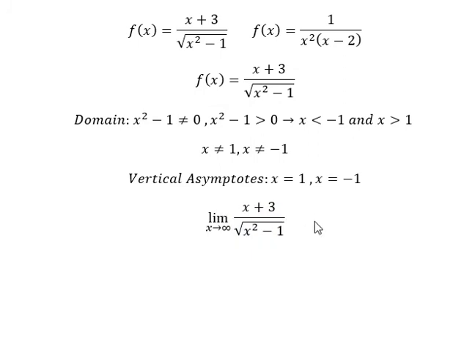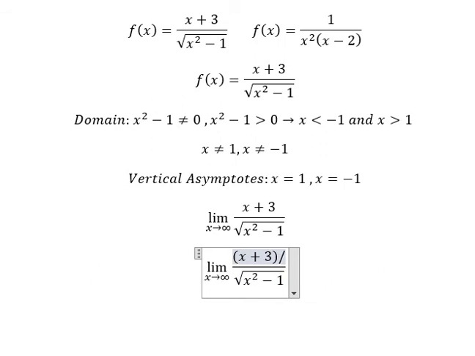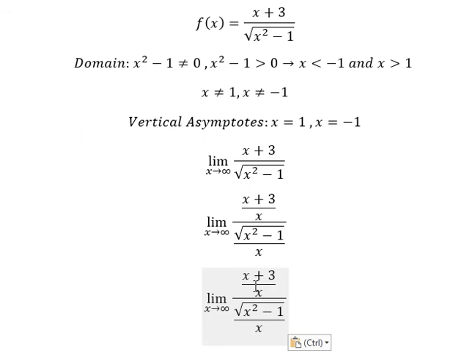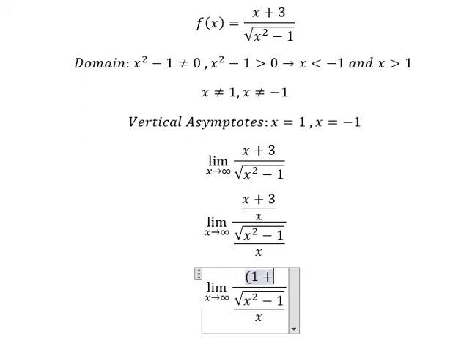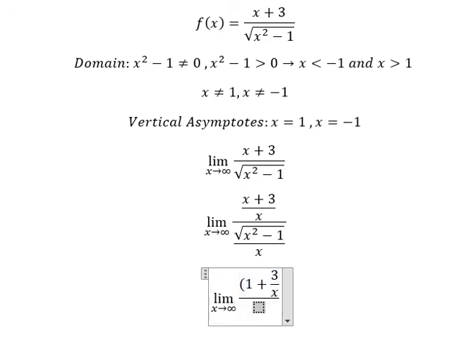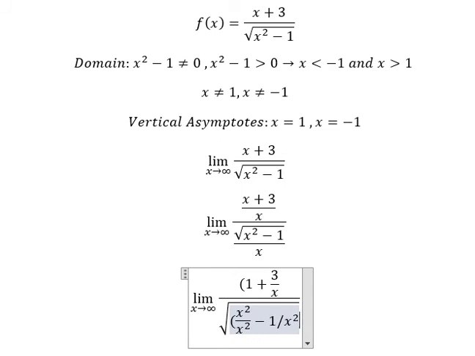So we need to divide the numerator and denominator by x. So x divided by x, you get 1, and 3 divided by x. Then x goes inside the square root, and we will have the square root of x squared over x squared minus 1 over x squared, which gives 1.